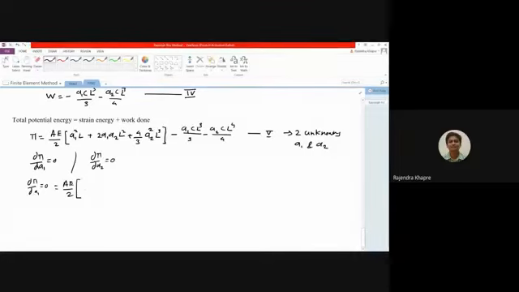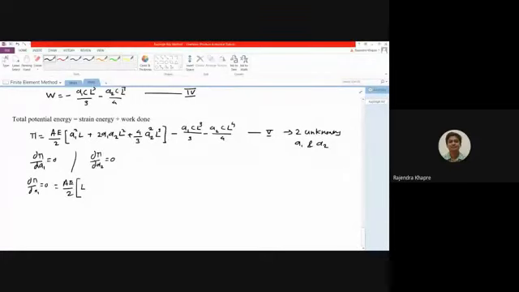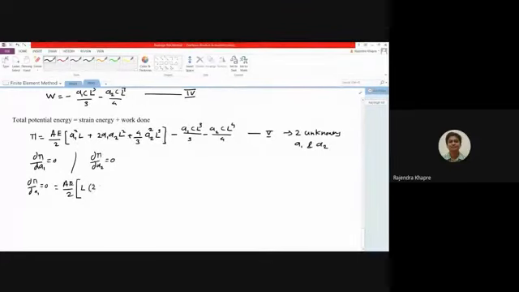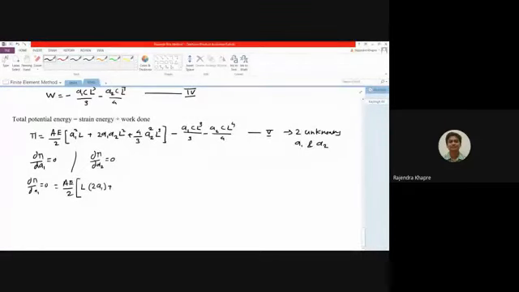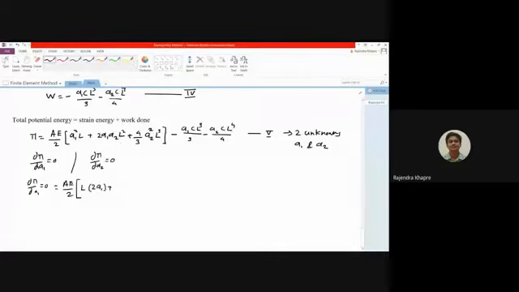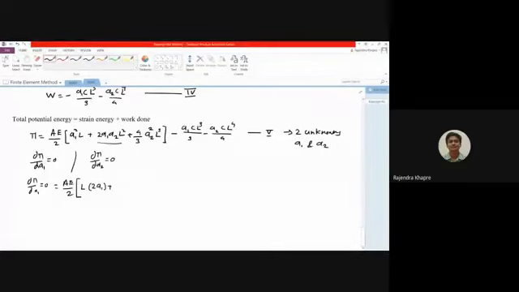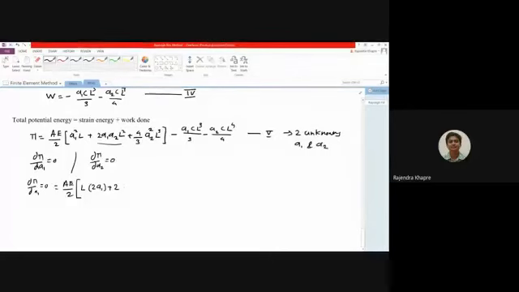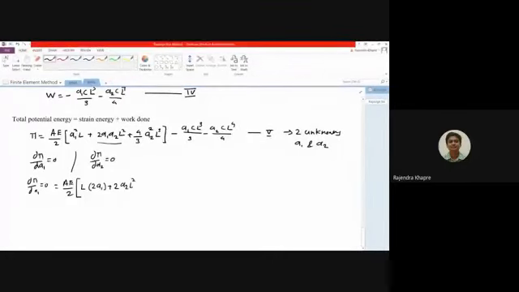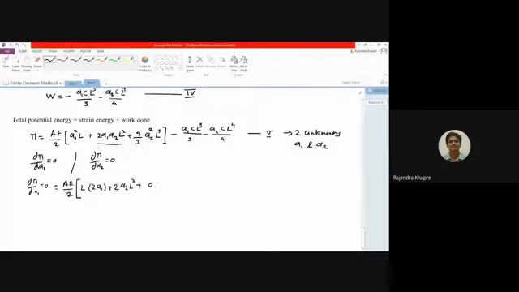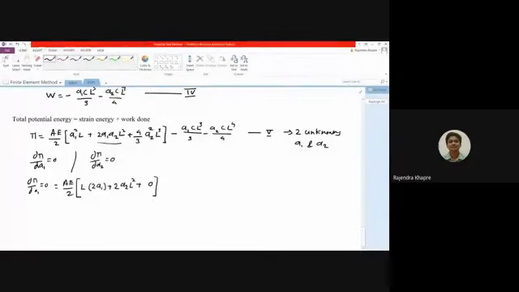This L is a constant and this is a1 square, so the derivative of a1 square gives 2 times a1. Plus, since we are differentiating with a1, a1 will be gone, so this will be 2 times a2 L square. Plus, there is no a1 term here, so this will be 0. I hope this is clear.